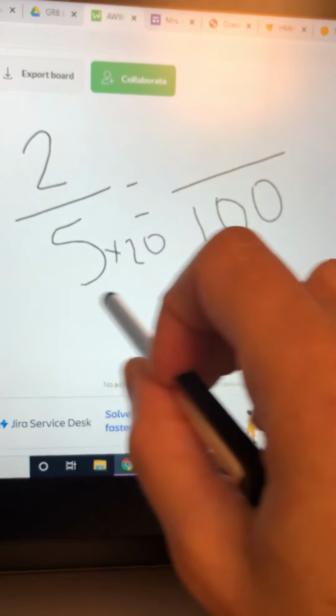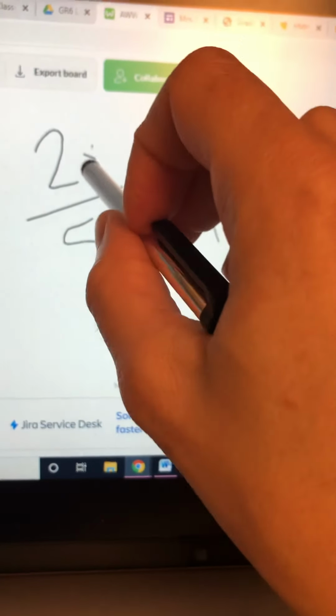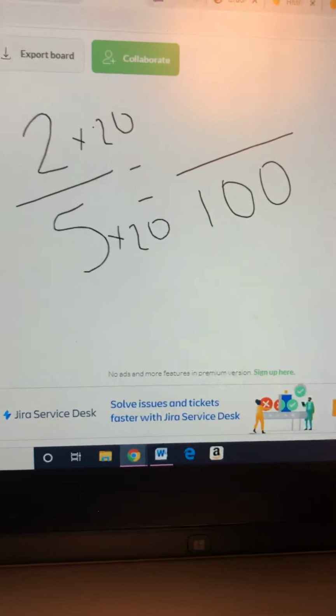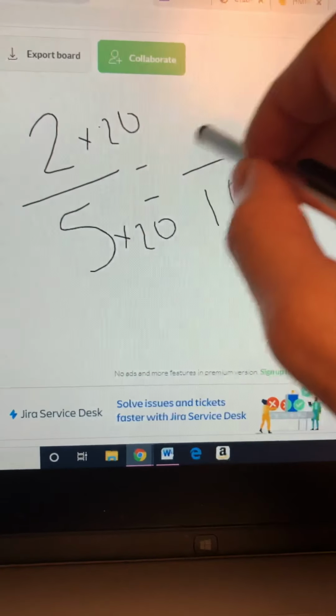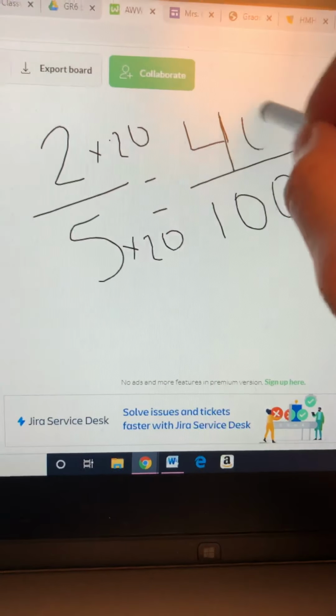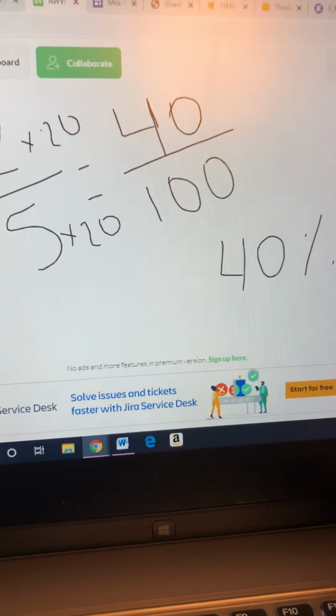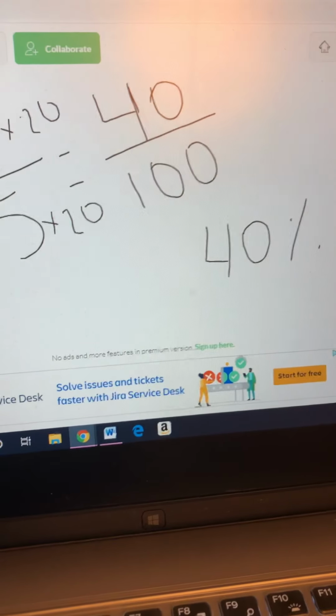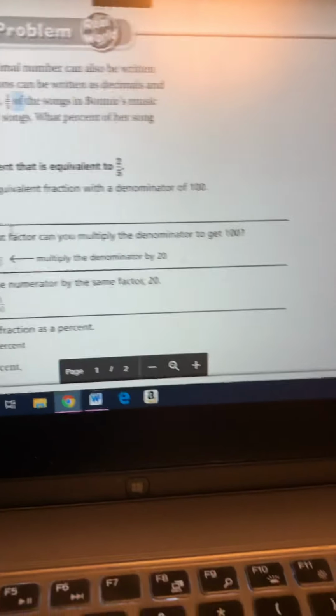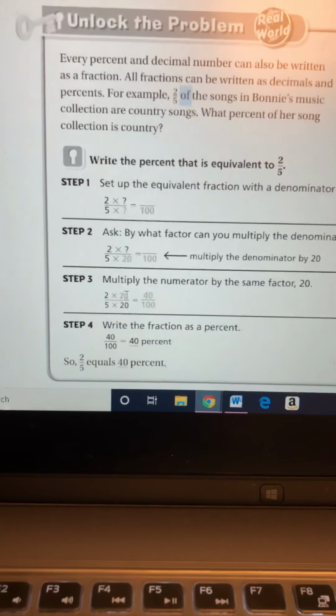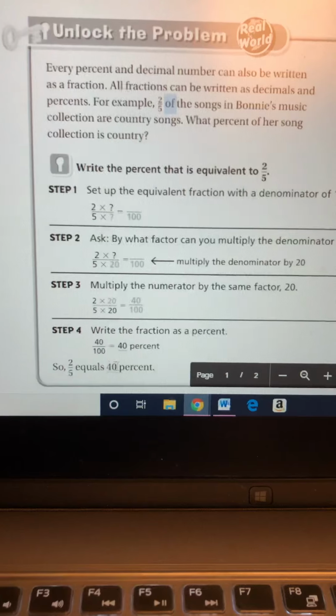And whatever you multiply with your denominator, you multiply to your numerator. So 20 times 2 would be 40. So your percent is 40%. So we're going to go back over here and see the same thing they did, step by step. So 2/5 equals 40%.